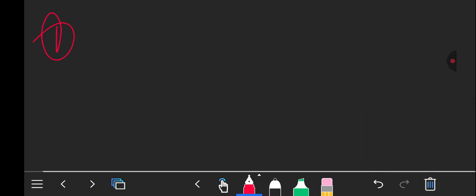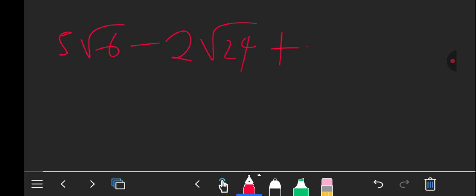Now let's solve the first question. The first question is 5 square root of 6 minus 2 square root of 24 plus square root of 294. So we are told to simplify this Surd. How can we simplify?